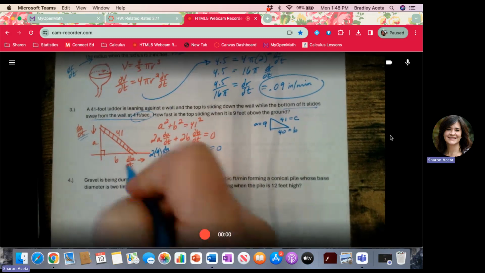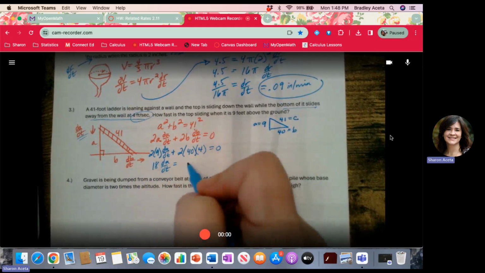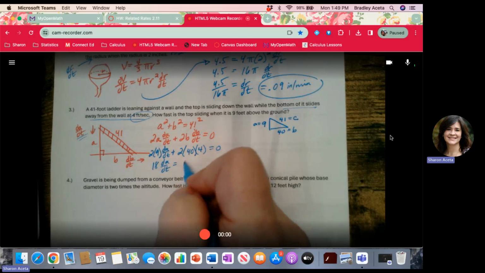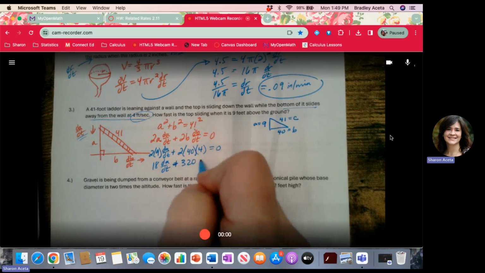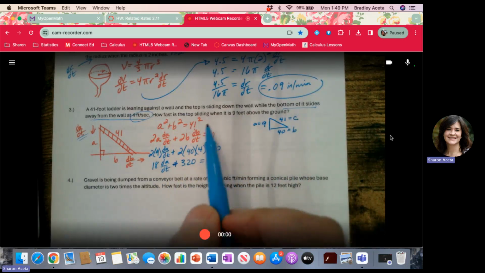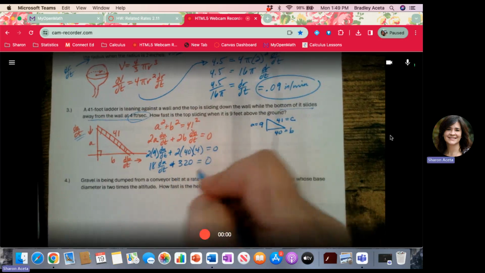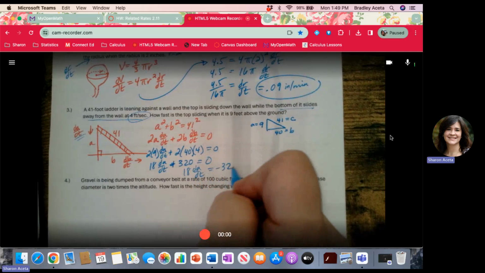So now we know everything. So that's 18 dA dt. And this is, what do we got? 8 times 40 is 320, plus 320. Oh, and then one more thing that I forgot to do. Never mind. 18 dA dt equals negative 320.